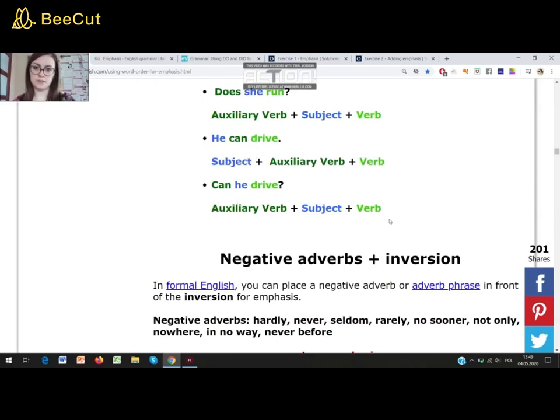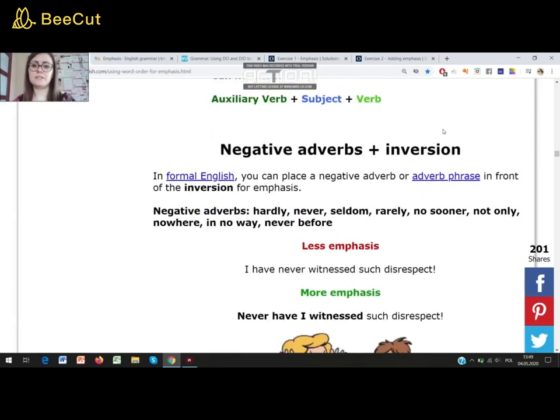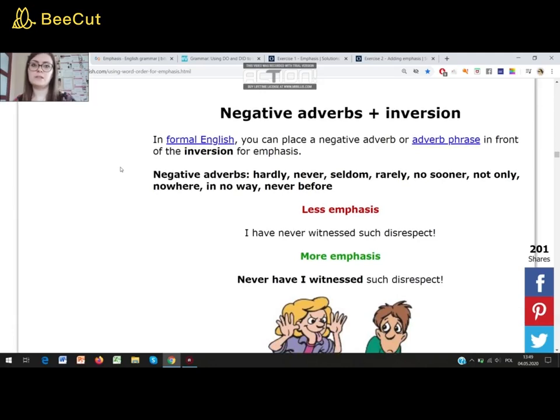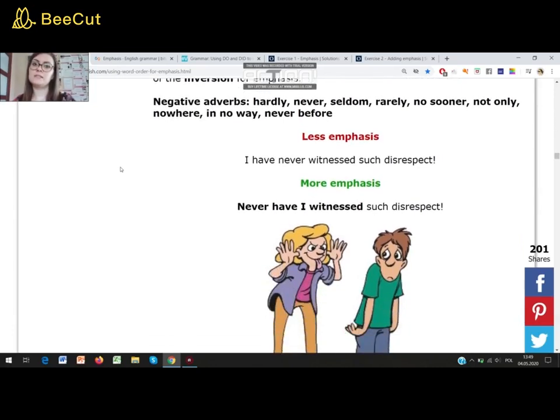Auxiliary verb, subject, verb. So it is like normal question making, but here we can use it with negative adverbs, then we can use inversion. In formal English, you can place a negative adverb or adverb phrase in front of the inversion for emphasis. Negative adverbs are, one more time, hardly, never, seldom, rarely, no sooner, not only, nowhere, in no way, never before.